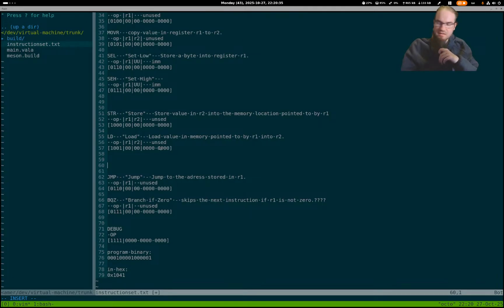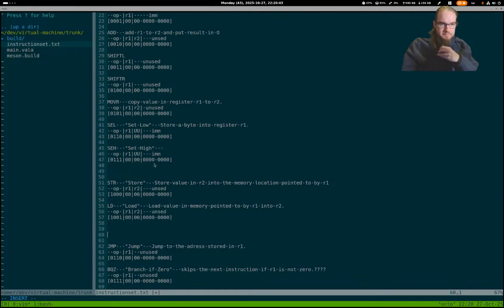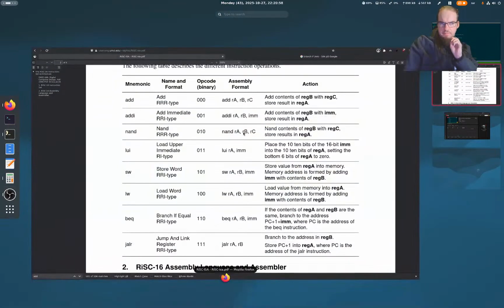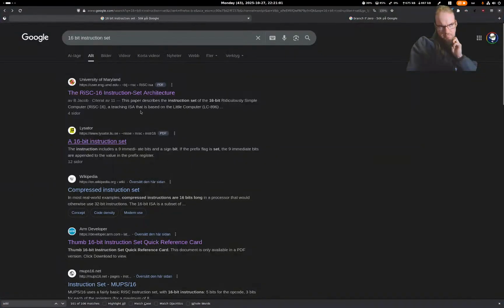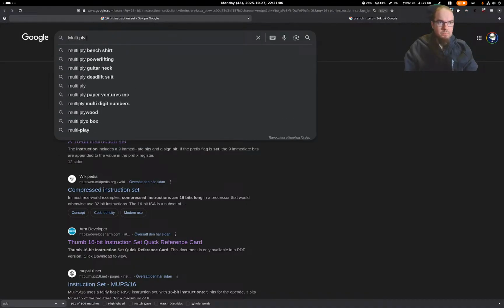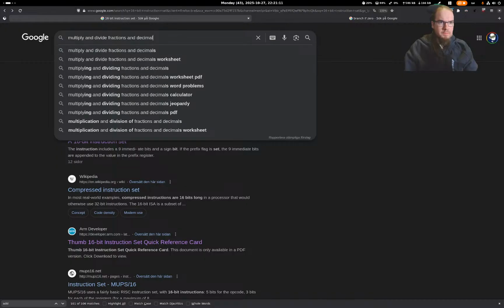I think I'm done, basically. That's weird. I just need to add the whatchamacallit. Plus minus I have divide, I guess. Multiply and divide. Can I use the same one? Divide.